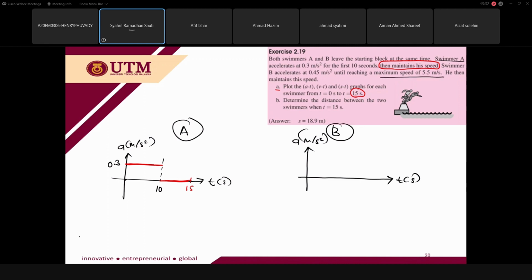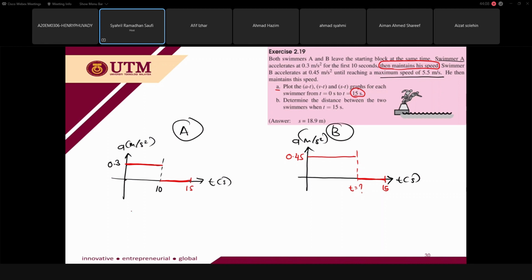First you can just draw the acceleration, which is 0.45, and then at a certain time, which is unknown, he will maintain his speed. The end time here is 15. So this is the acceleration graph for both swimmer A and B, but for swimmer B you still have the unknown time.